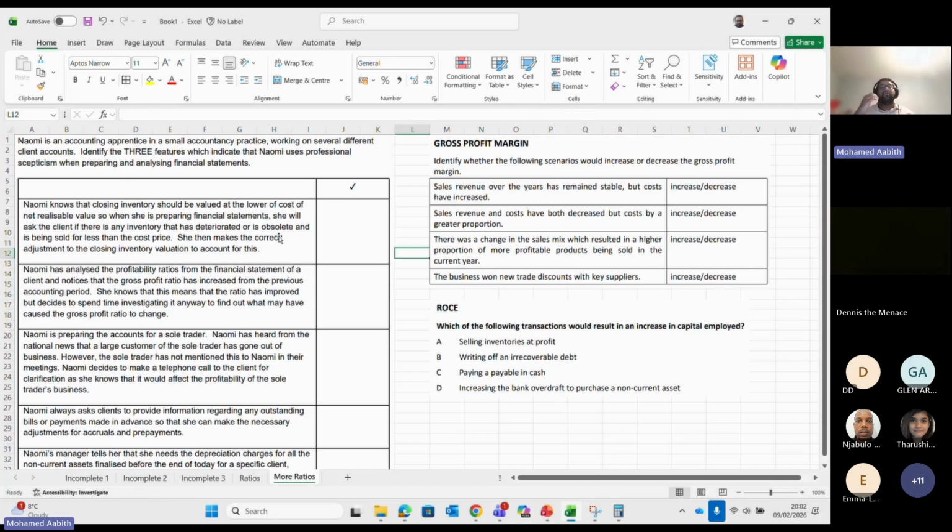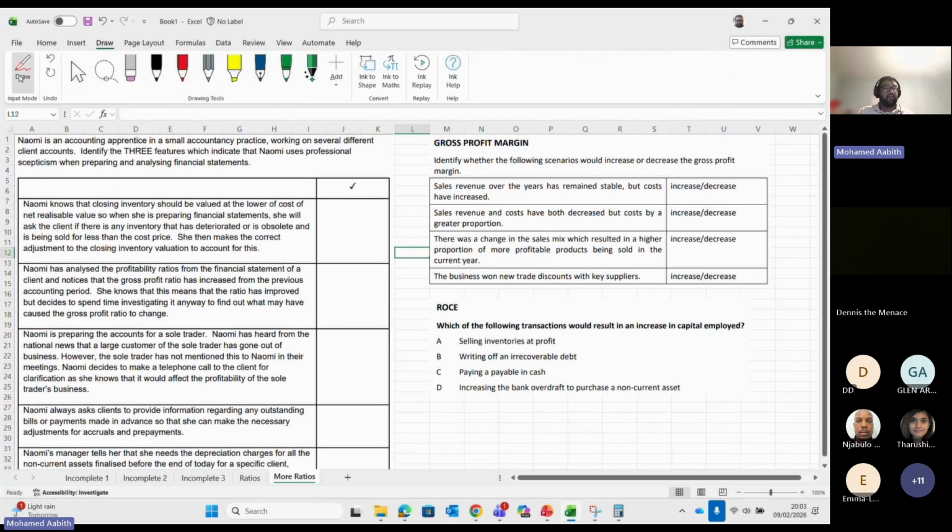It tells you to value the inventory at the lower of either the cost or the net realizable value. We have to find out whether we have any obsolete or deteriorated inventory, or anything we're going to sell for less than the cost price. In that case, we need to adjust that. That is a correct usage of that policy. So let's say here, I'll put a tick on it.